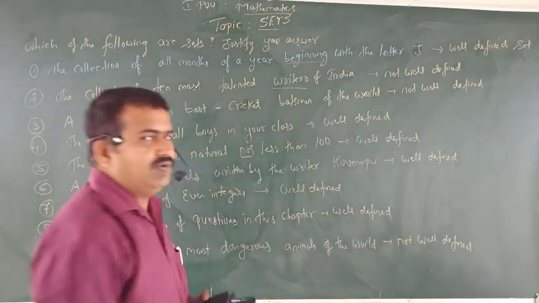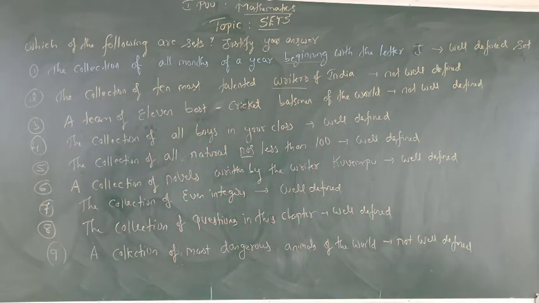So this is how we are going to check whether the sets are well defined or not. These are a few examples regarding whether a collection is well defined or not.